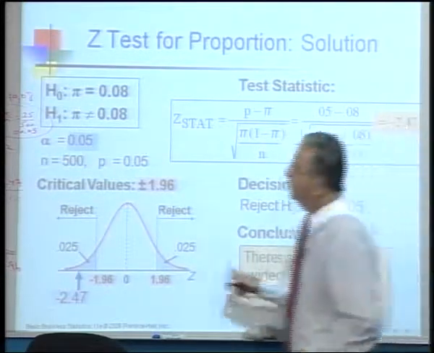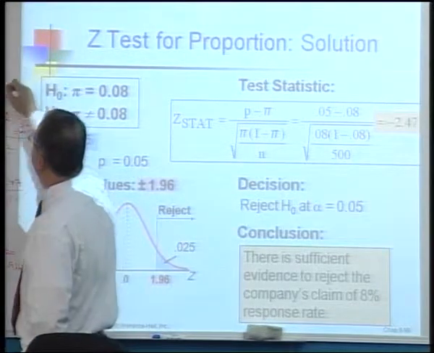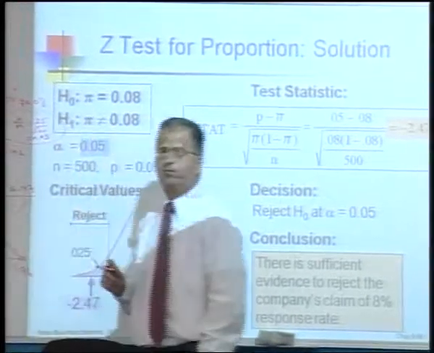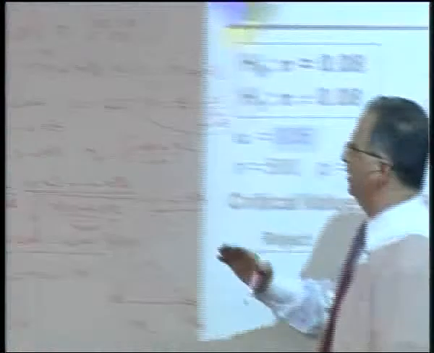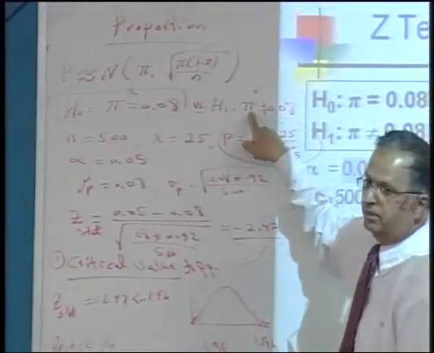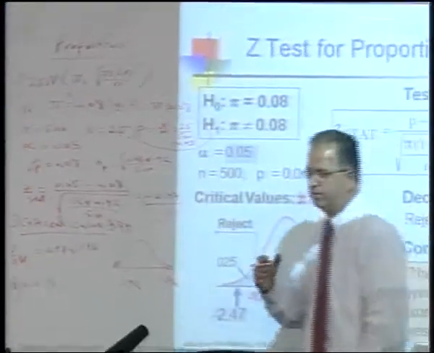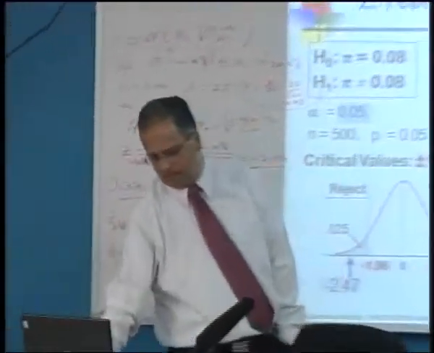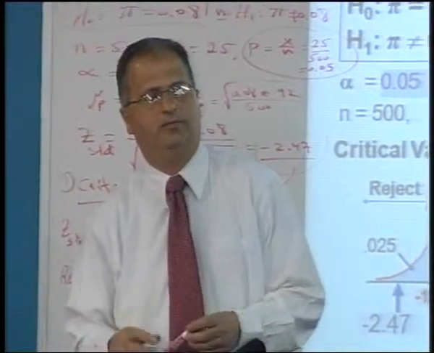So this claim is incorrect, so we have to reject this claim. It means we have to support the alternative hypothesis. So we end with this result, that is pi is not 8%. So that's by using a critical value approach. Any question?